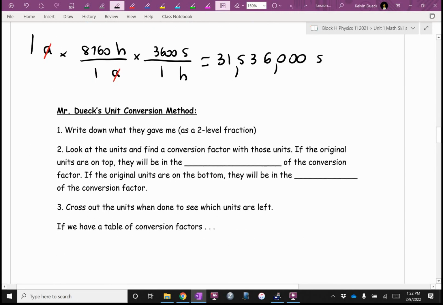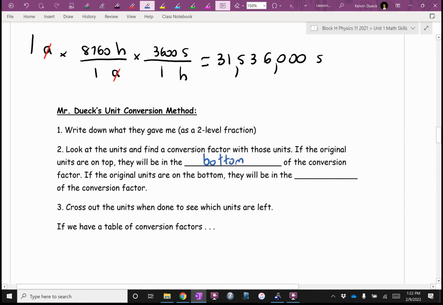So here's Mr. Dewick's unit conversion method. It works great. I always start out by writing down what they gave me. I write it as a clear 2-level fraction so I can tell what's on the top and what's on the bottom, unless there's an invisible 1 there. I look at the units and I find a conversion factor with those units. If the original units are on the top, they're going to be in the bottom of the conversion factor.